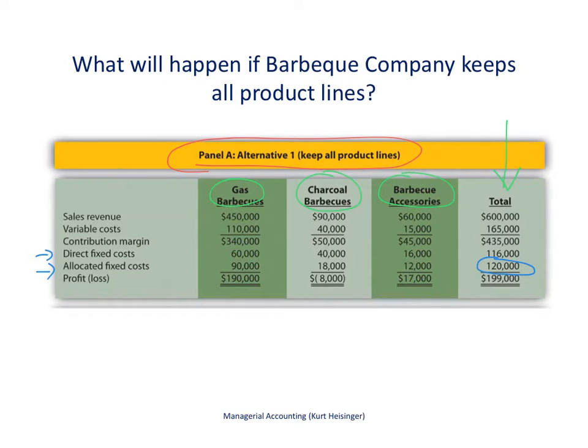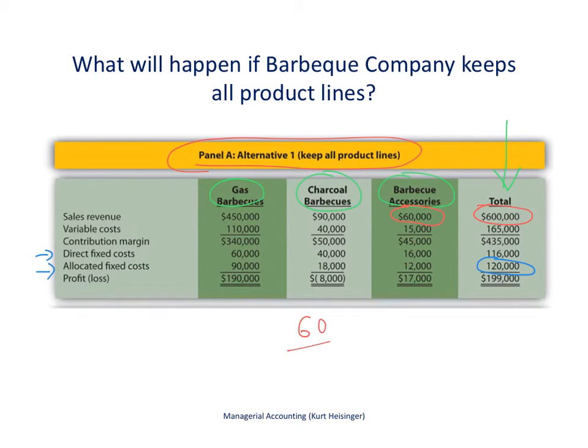The other thing I want to point out here is that allocated fixed cost amount of $120,000 gets allocated based on revenue. It can be done in many different ways, but in this example, it gets allocated based on revenue as a proportion of total revenue. So let me give you a quick example here. Revenue for the barbecue accessories is $60,000 and total revenue is $600,000.